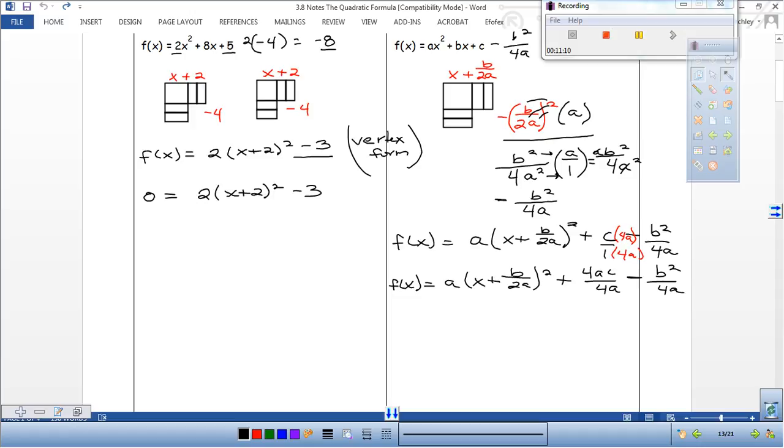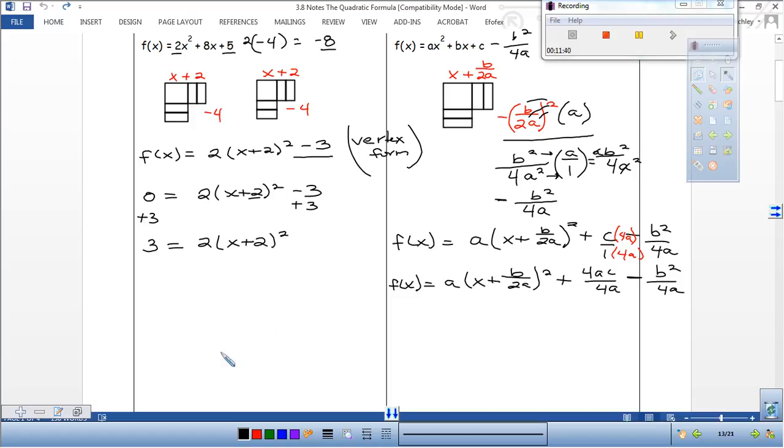That would make it more complicated. I want to isolate that squared term. We need to get this by itself. So I have to add the 3 to both sides. So it's going to give me 3 equals 2 times x plus 2, the whole thing squared.